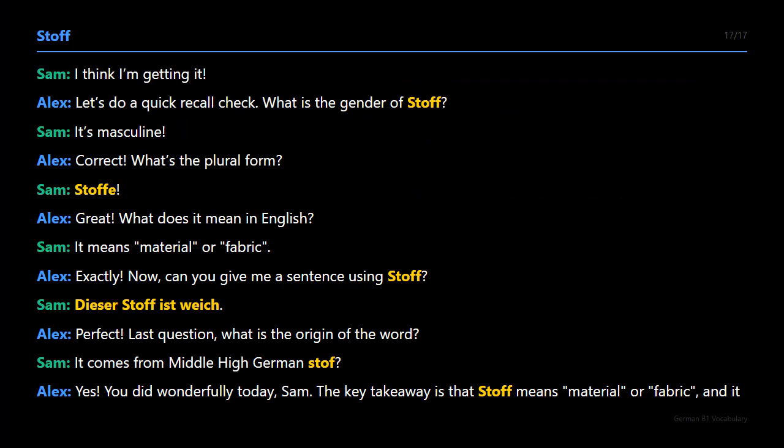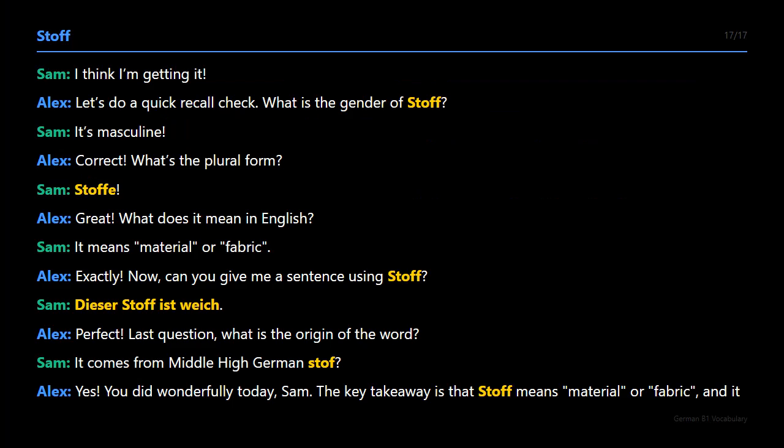I think I'm getting it. Let's do a quick recall check. What is the gender of Stoff? It's masculine, correct? What's the plural form? Stoffe. Great. What does it mean in English?